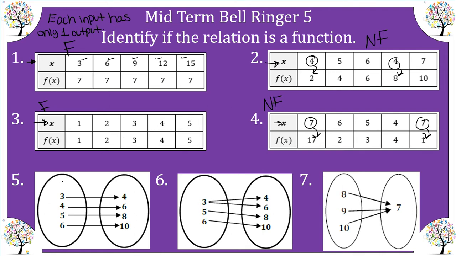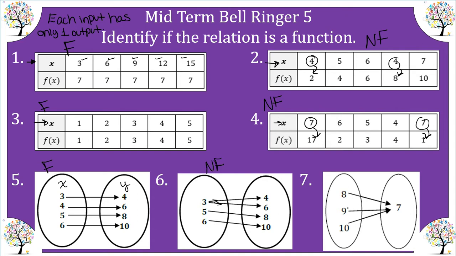Number 5, when we have a mapping, your first oval is the input and the second is the output. So we can see each of these has exactly one output. They have one arrow coming from it. So this is a function. Number 6, this 3 has 2 separate outputs. I don't even have to know what they are, but when we have 2 different arrows coming from that, then we know that this is not a function.